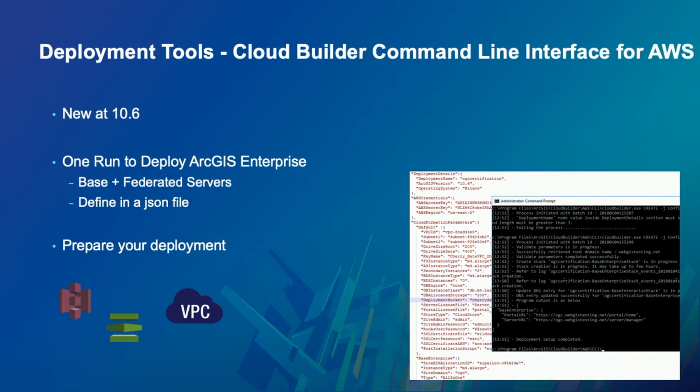At 10.6, we released this CBCLI, which is really calling the CloudFormation templates I just showed you, but putting them together to make it a one run. You have one command run with one property file, to deploy the whole infrastructure, base enterprise with federated servers according to your need.